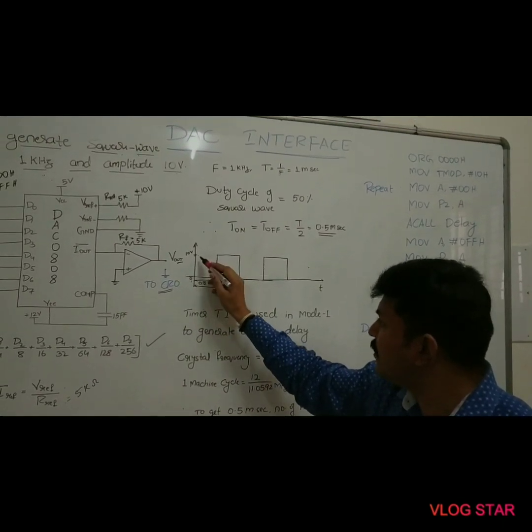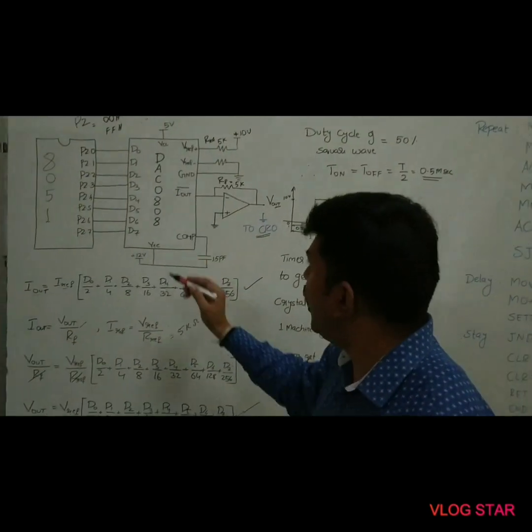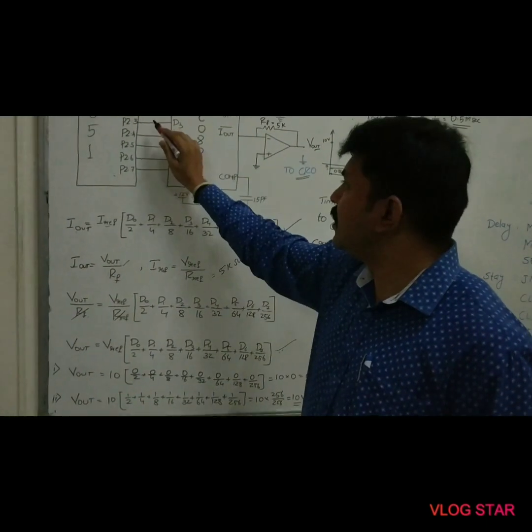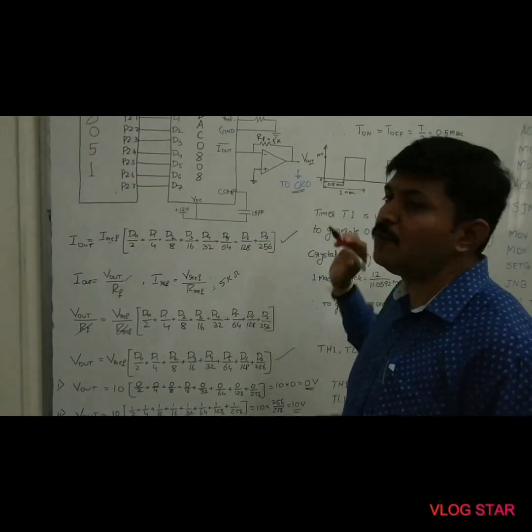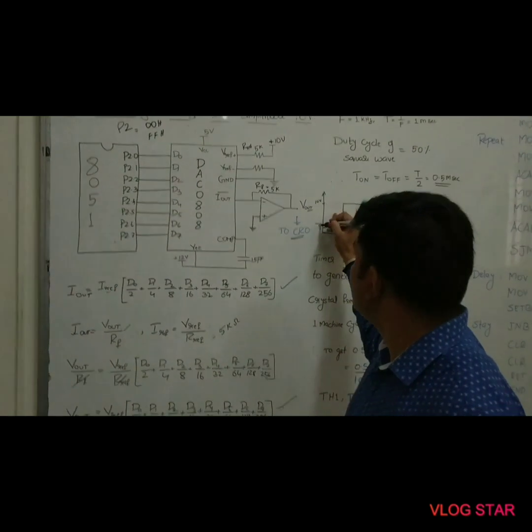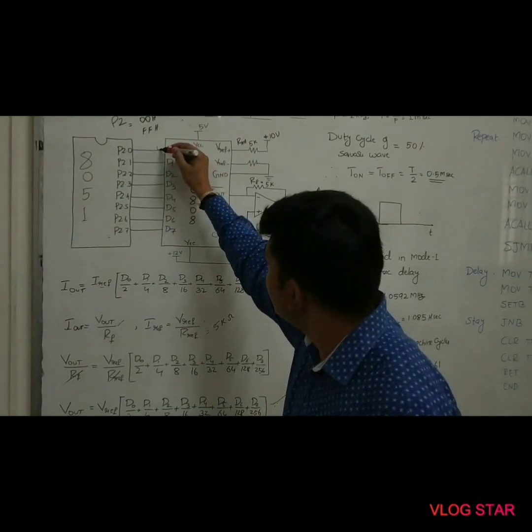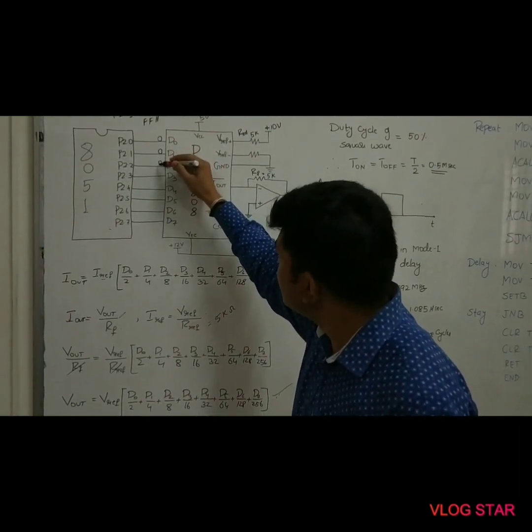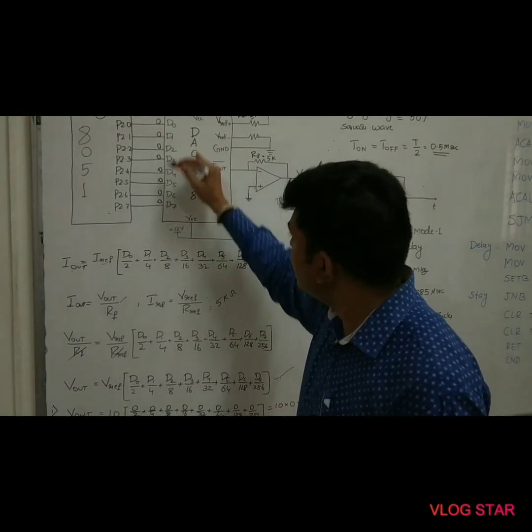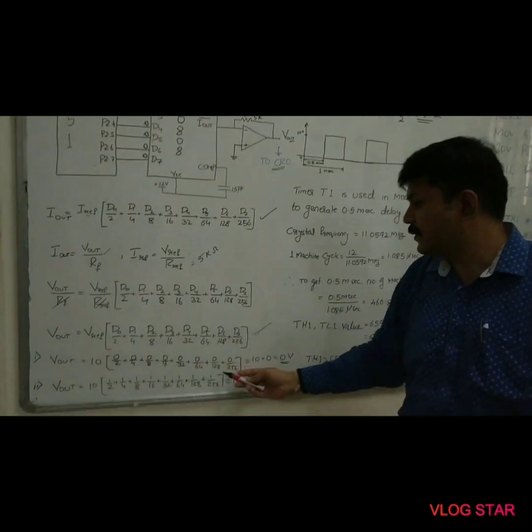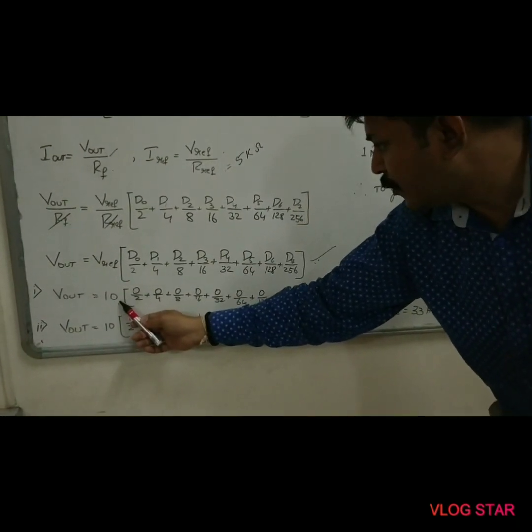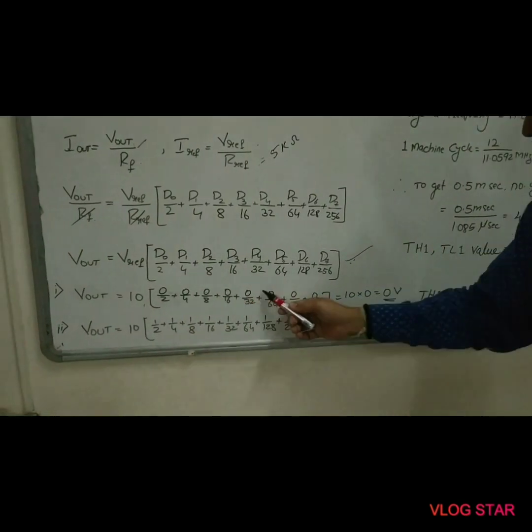In order to generate these two voltages, your microcontroller has to supply digital values corresponding to them. For example, to generate 0 volts, I need to supply all the port pins with 0000 value, such that when you refer to this expression here, the output voltage will be equal to 10 into all the values of D being 00.